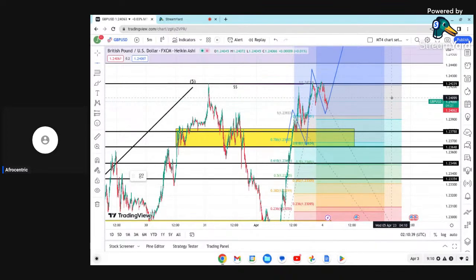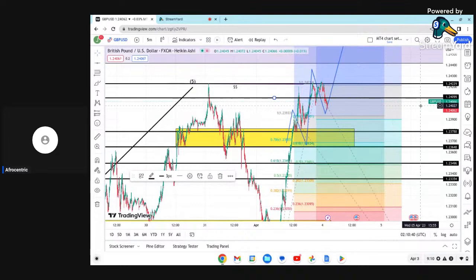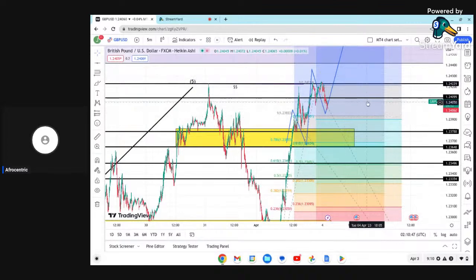I'll just sit it right here. So yeah, 24100 would be a good limit. This will be a good limit order for GU to hit and then go ahead and sell down.